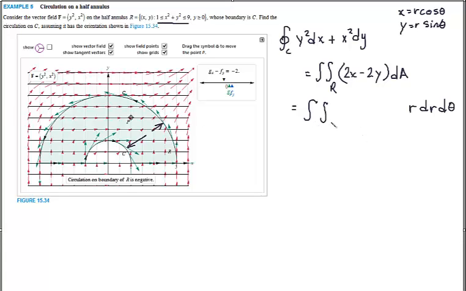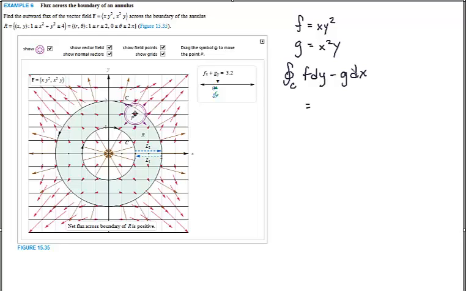Notice that my radius runs from 1 to 3, and then my theta, since it's a semicircle, only goes from 0 to pi, and I would be writing this as 2 and then r cosine theta, r sine theta. And then I'll perform this integration, and after you perform that double integral, you should get negative 104 over 3 as your answer.